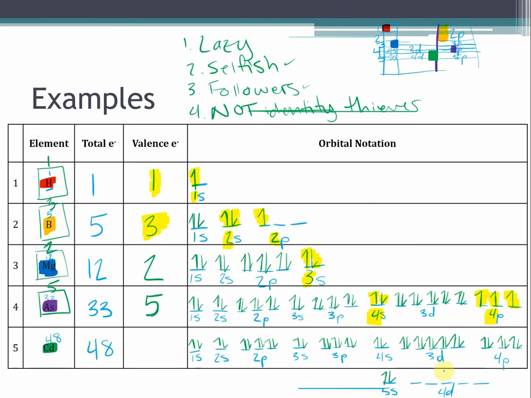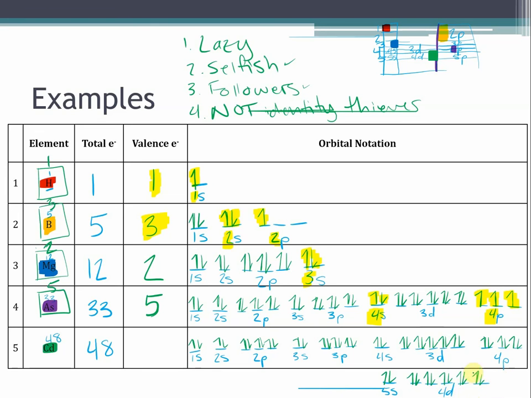And now that I'm in my last subshell, this is where I definitely need to be careful to follow the rules. 39, 40, 41, 42, 43, 44, 45, 46, 47, 48. There's my 48th electron.